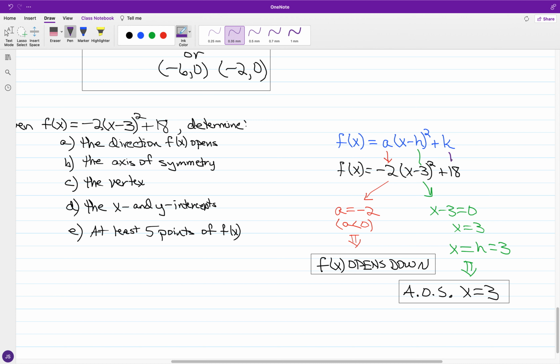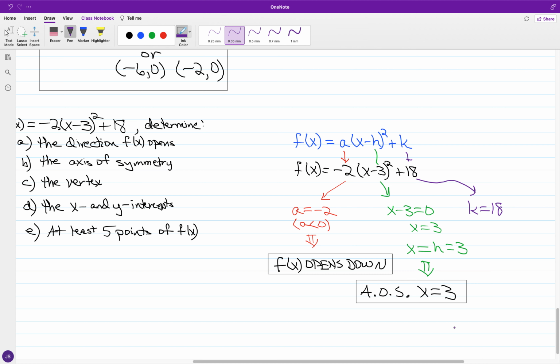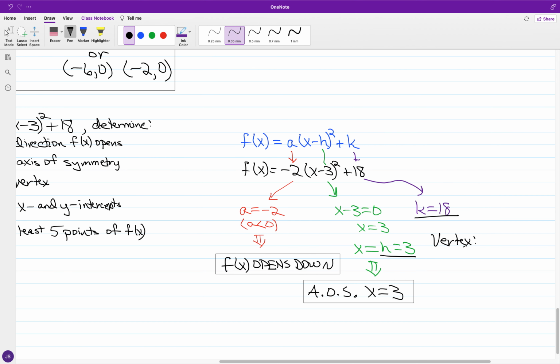For the k value, k is equal to 18. So h is equal to 3 and k is equal to 18, and for the vertex, this will come out to (3, 18).